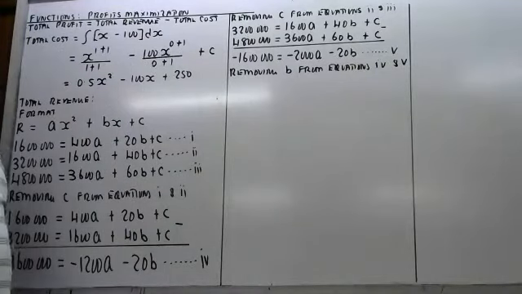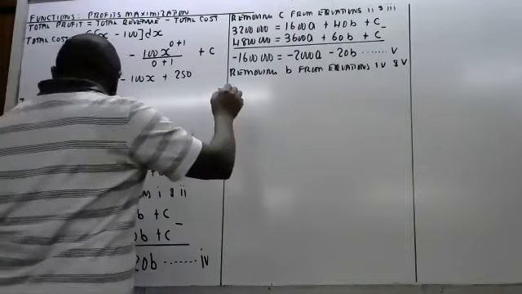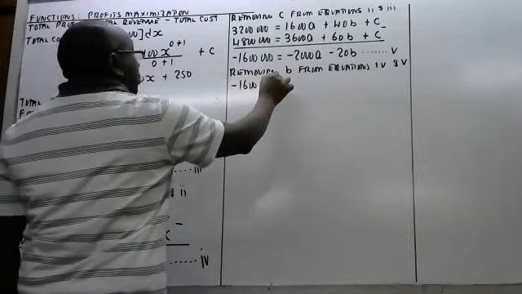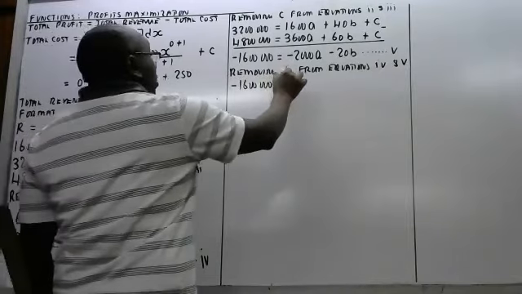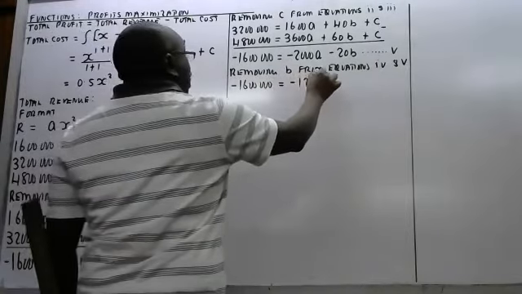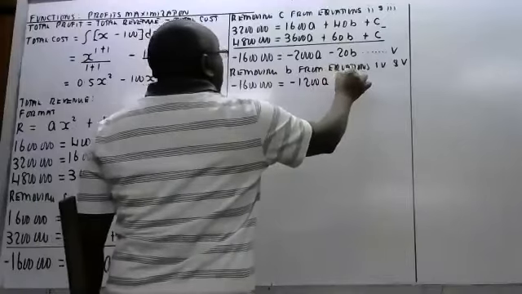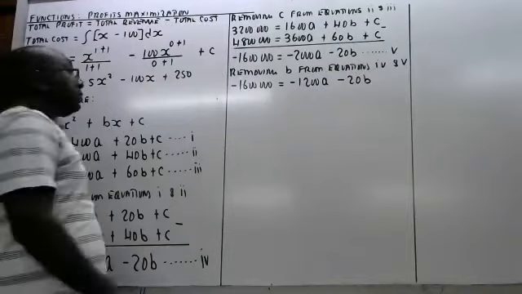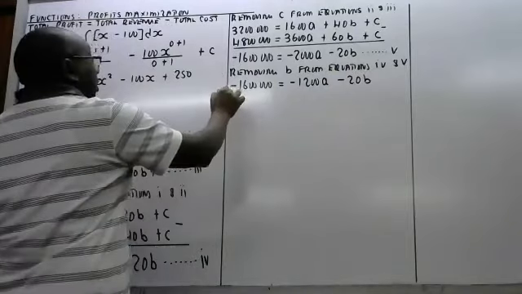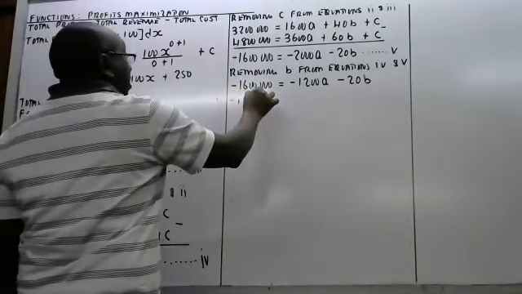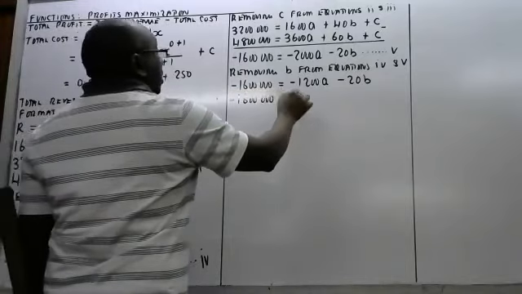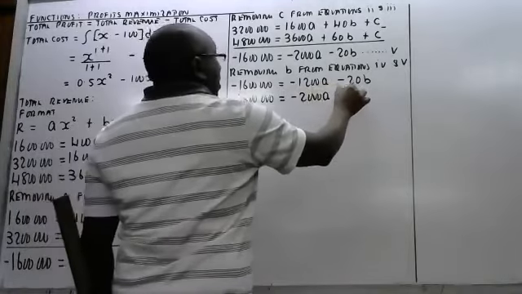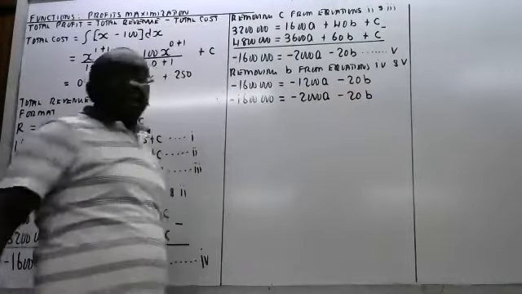From equations 4 and 5, I have minus 1.6 is equal to minus 1200A minus 20B, then minus 1600 equals minus 2000A minus 20B.